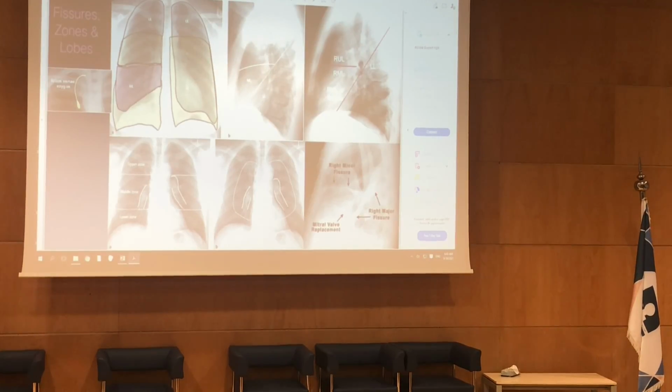So these are again the fissures that we were talking about, caused by the reflection of the visceral pleura and how they divide the lung. On the frontal radiograph, you cannot see the oblique major fissure well.